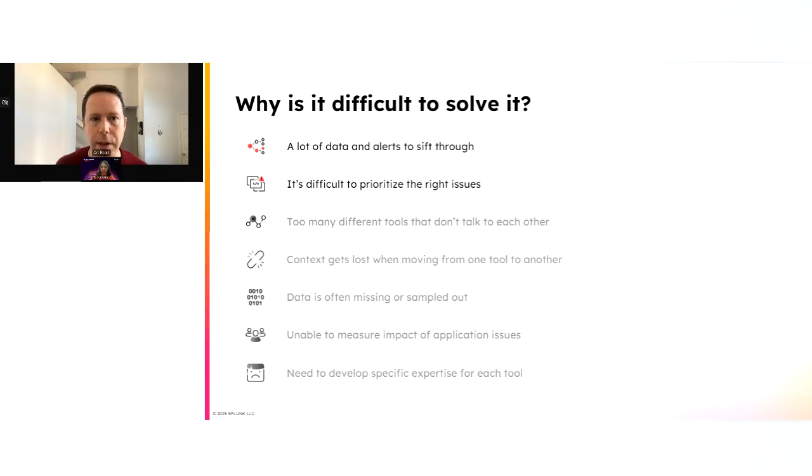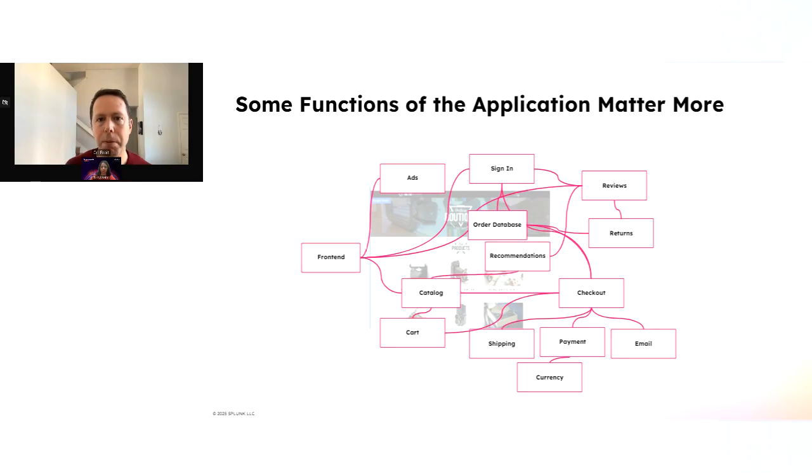Getting a lot of alerts, and it's difficult to prioritize the right issue. Now, every application performs multiple functions, and these functions are performed by having multiple microservices talk to one another.